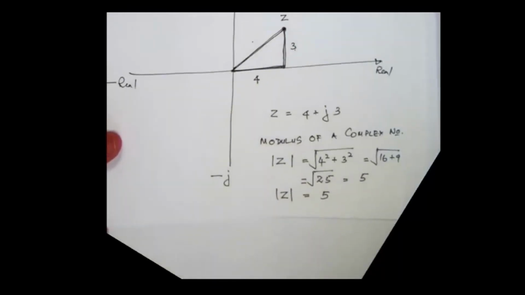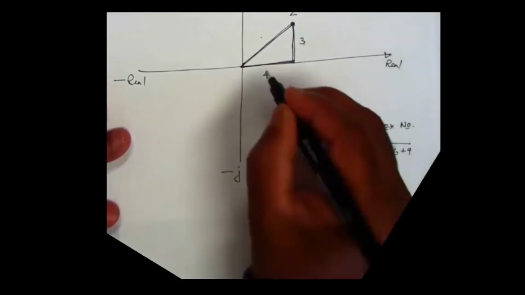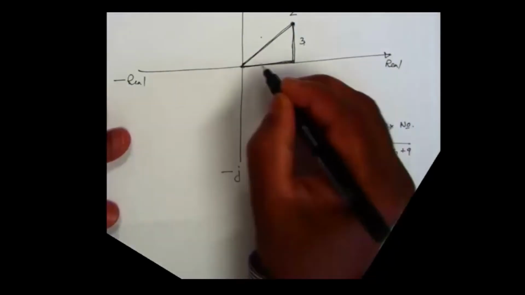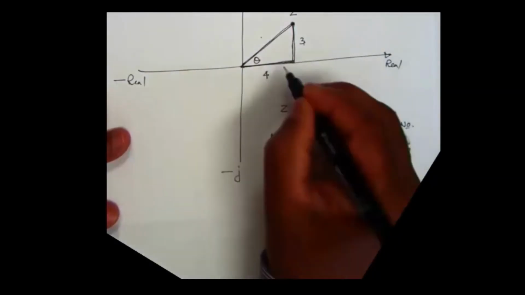And then we will define another quantity here, that is what we call the argument. Argument is the angle here, the angle with the real axis.